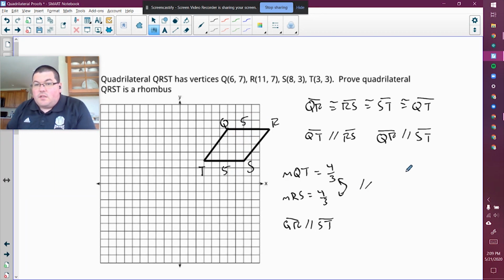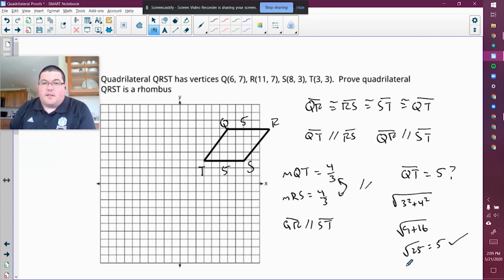So does QT equal 5 units? Square root of run squared plus rise squared, well, 9 plus 16, square root of 25. Yes, it does, right?